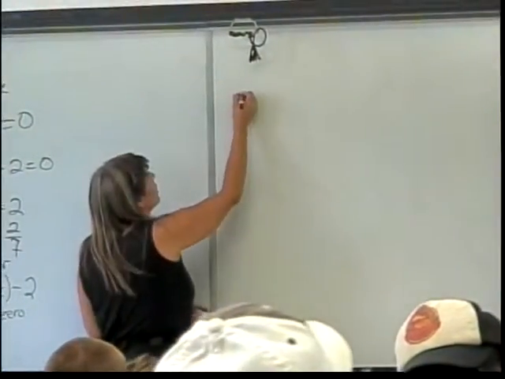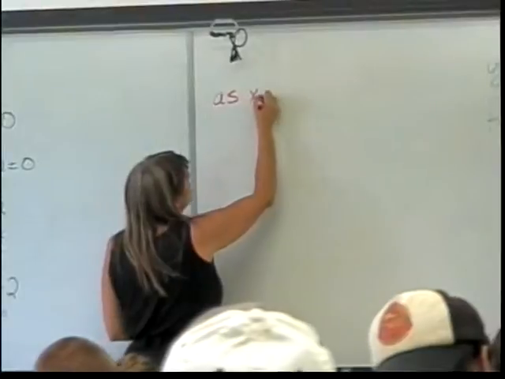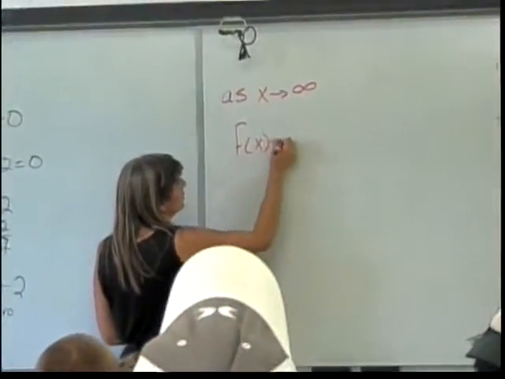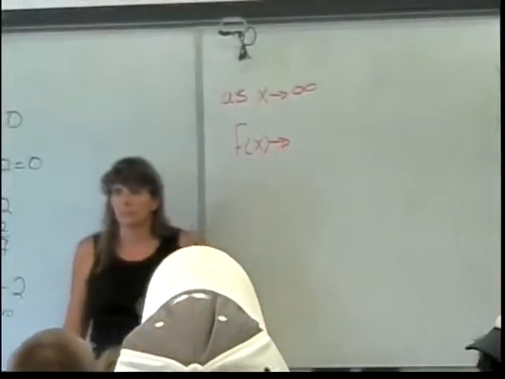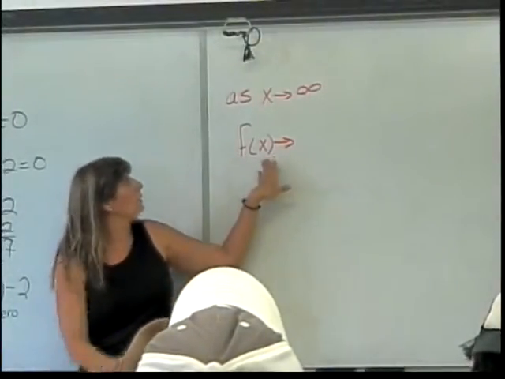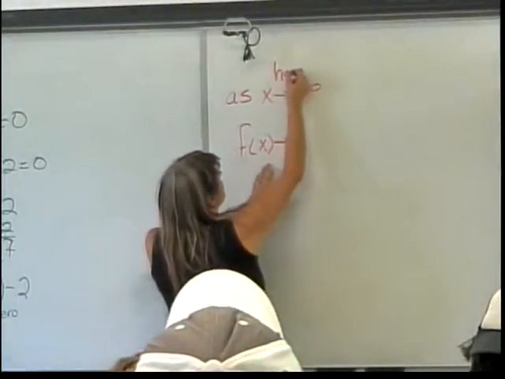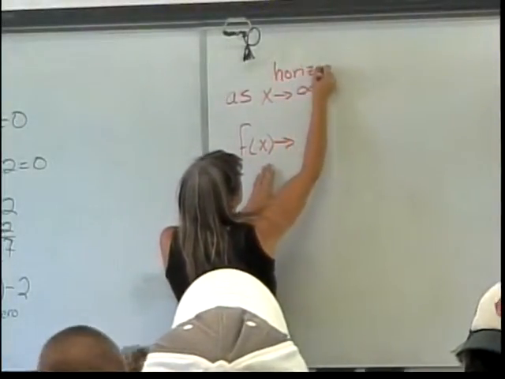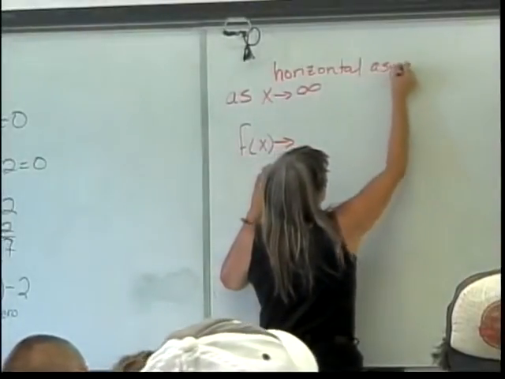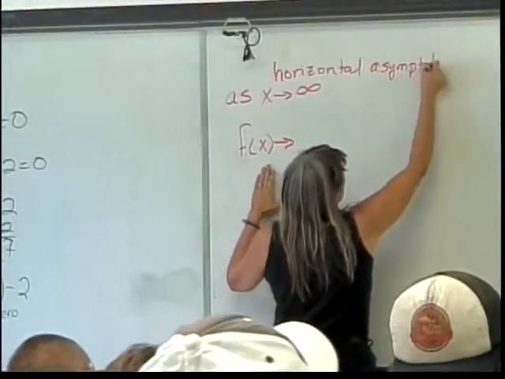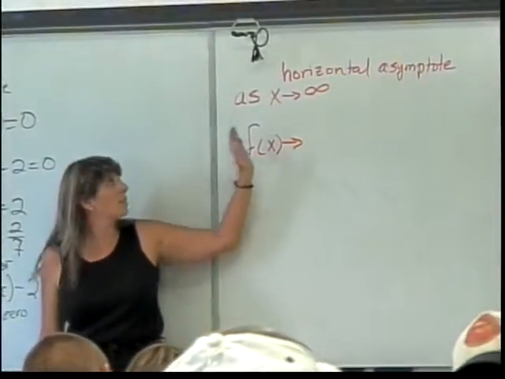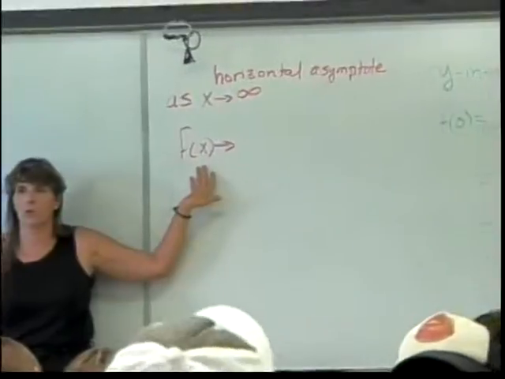So what you're talking about is as x approaches infinity, what does your function do? That's a limit. We don't talk about limits. The book does, but we're not mentioning limits. We're saying as x approaches infinity, what does my function do?